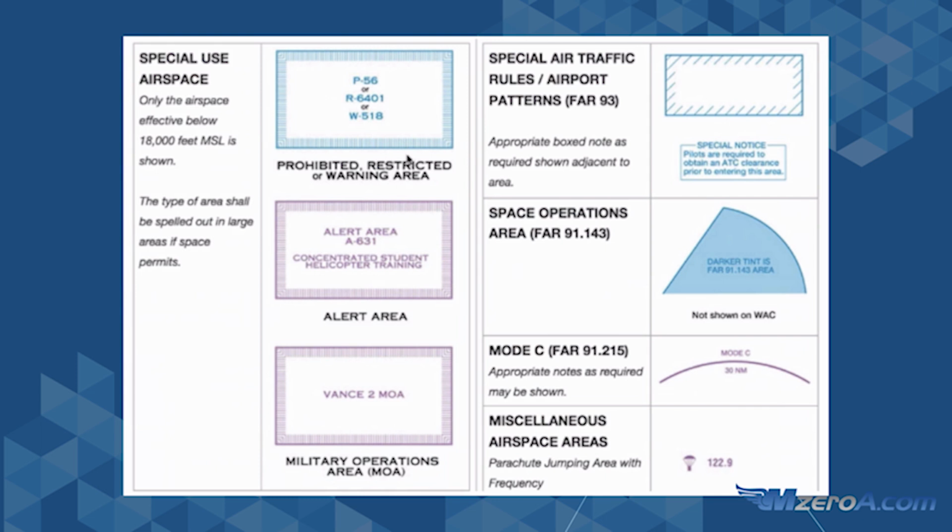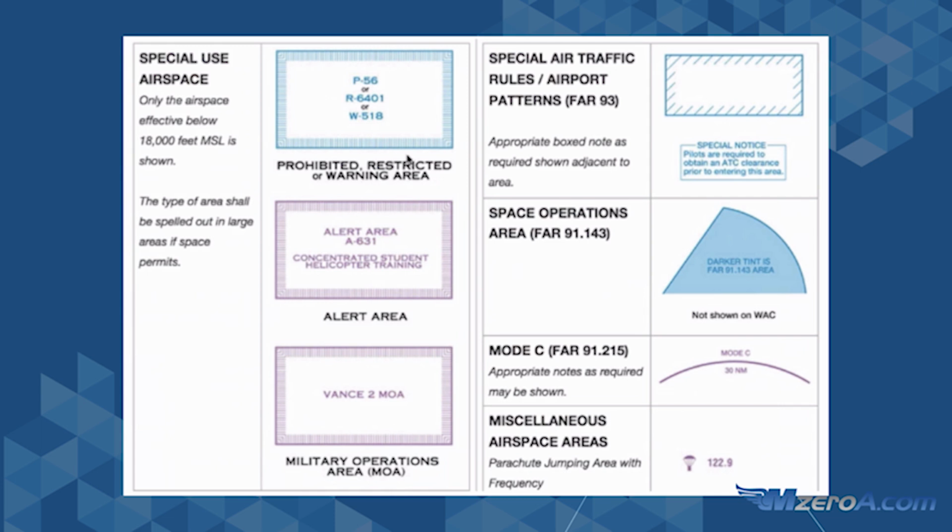Now, magenta hash marks are used for alert areas and MOAs, or military operation areas. The solid thin magenta line here, that's our Mode C veil, which we've spoken about. And it also has some frequencies around it of the controlling agency for any airspace, if appropriate, to contact them.